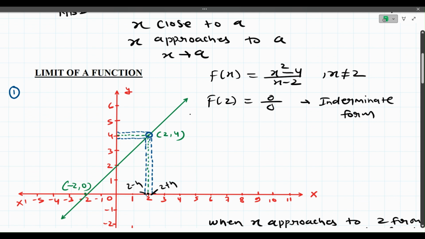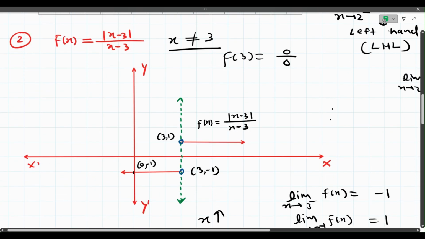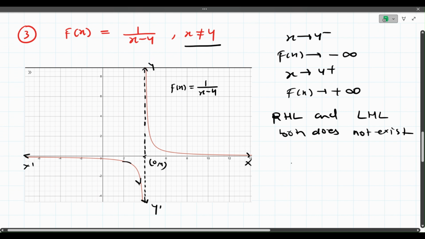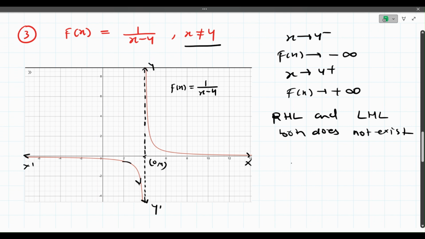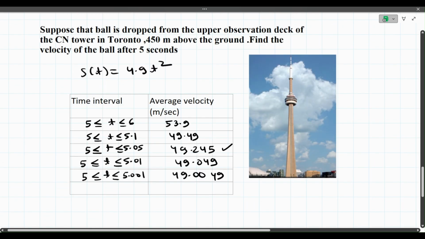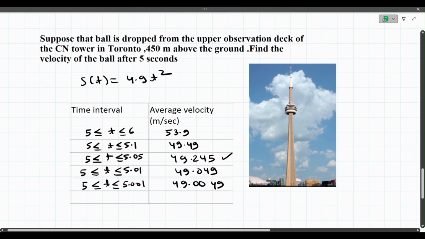In the second case, we saw that the LHL and RHL are not equal, so therefore the limit at that value for the function does not exist. Similarly, in the last one, neither the value of the function at that particular value nor the LHL and RHL exist.